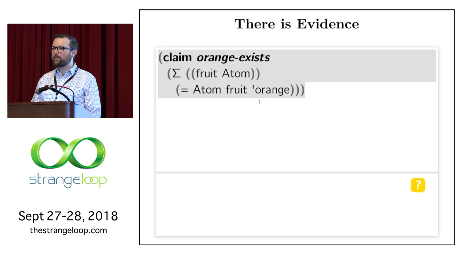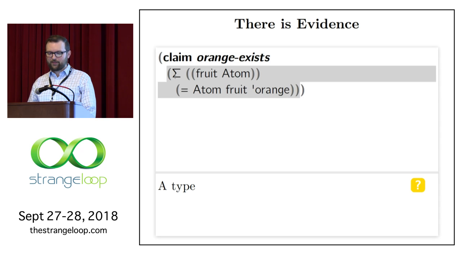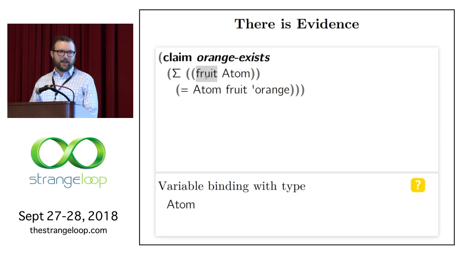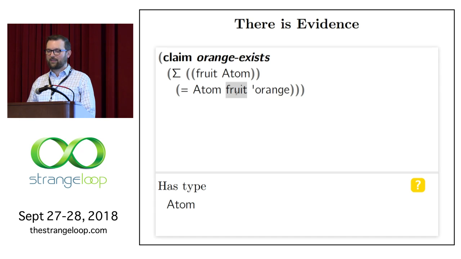Another way we can make statements is by talking about particular programs or particular values, particular individuals. So what this type sigma says is that there exists some atom, and we're going to call it fruit, and it satisfies a property, namely that whatever fruit it was, it's equal to orange.